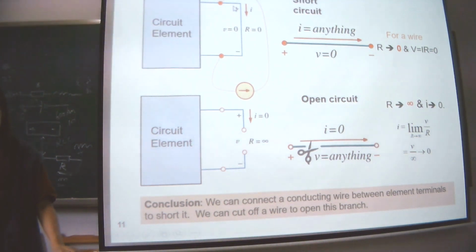Inside the circuit box, the R is not 0, but from this branch we have R equal to 0. We know the current always tends toward the lower R. So the current will go through this way and not pass this one. So we say this element is short connected. And from this one, just open it, it seizes the current.